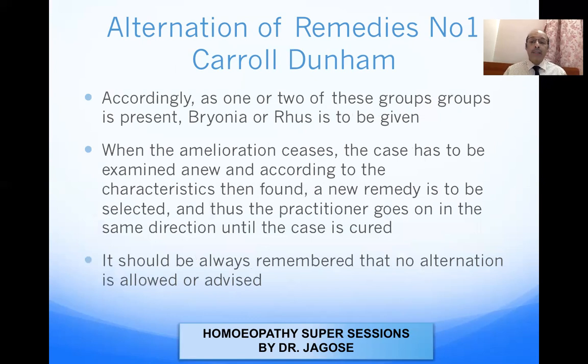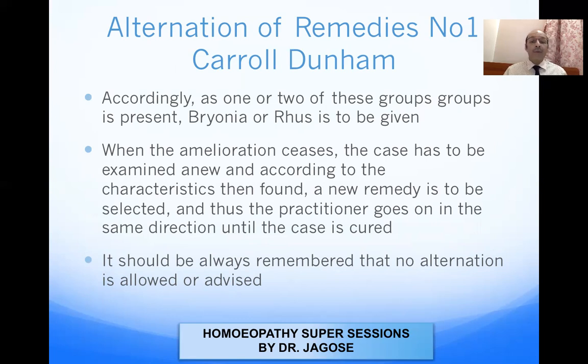When the amelioration ceases, the case has to be examined anew, and according to the characteristics then found, a new remedy is to be selected, and thus the practitioner goes on in the same direction until the case is cured.